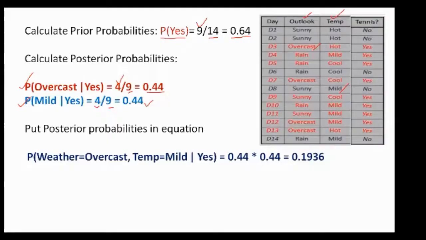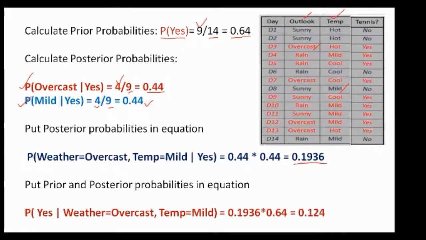So we'll substitute these values. 0.44 multiplied by 0.44, you'll get the value 0.1936, and the final formula will be 0.1936 multiplied by 0.64, this probability of yes. So you will get 0.124.